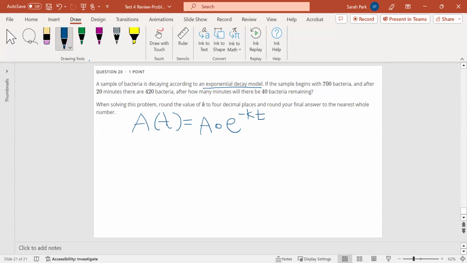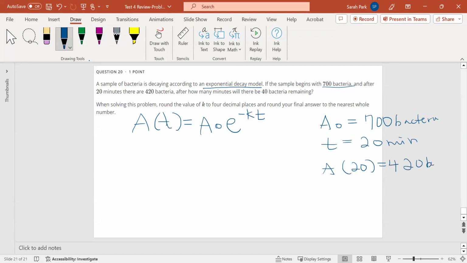If the sample begins with 700 bacteria, that would be our initial. And after 20 minutes, that will be our time, there are 420 bacteria. That would be our A of 20, the number of bacteria at 20 minutes.